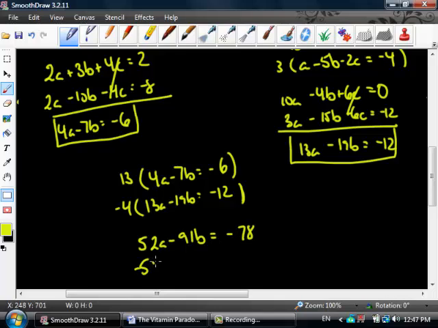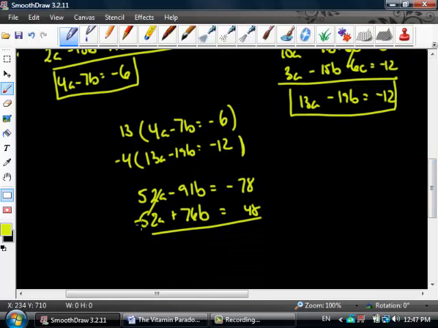I've got negative 52a plus 4 times 19, 76. And then 48, right? Oh my gosh. Those are out of there. 91 minus 76? 15? Negative 15b equals negative 30. B equals 2. Woo! All right.